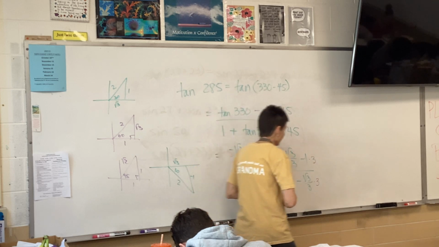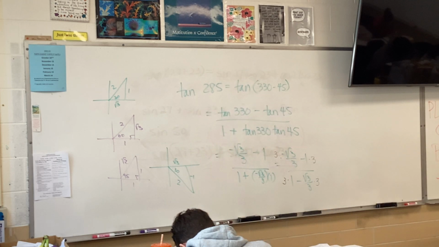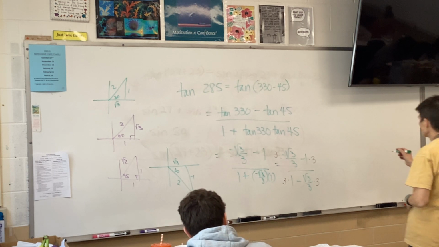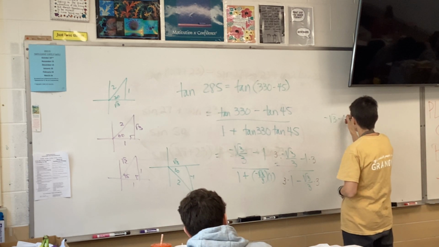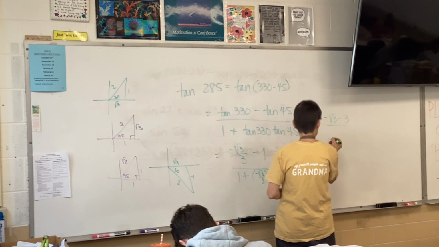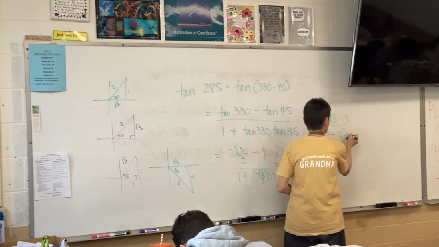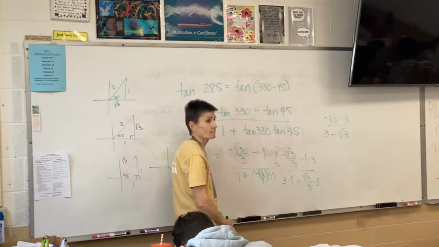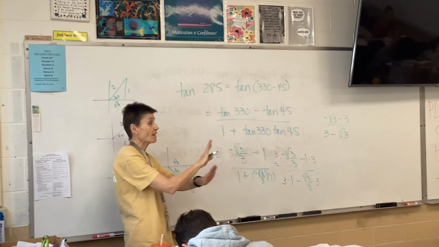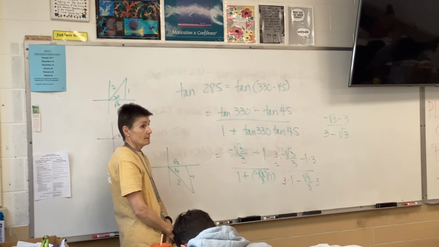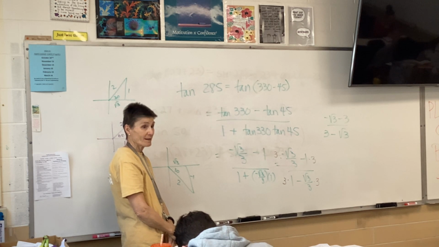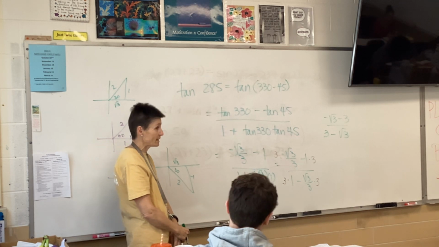And that's going to leave me with negative root 3 minus 3 over 3 minus root 3. Is that okay with everybody? Still, nothing cancels. Negatives in wrong spots, too many negatives, can't cancel anything.